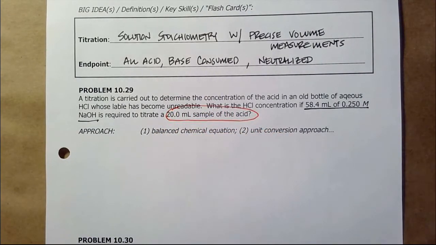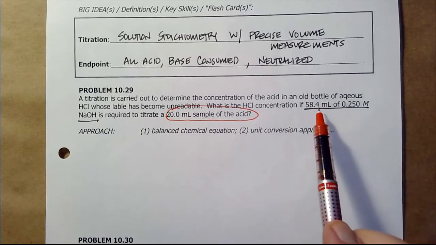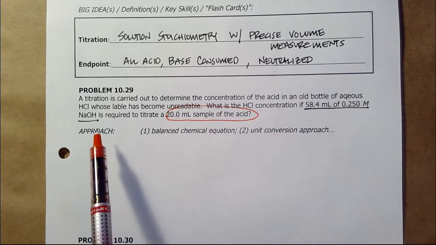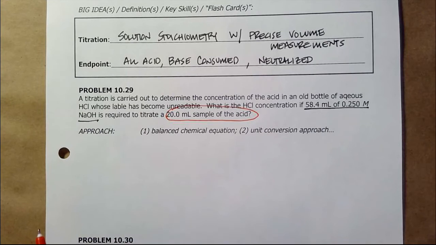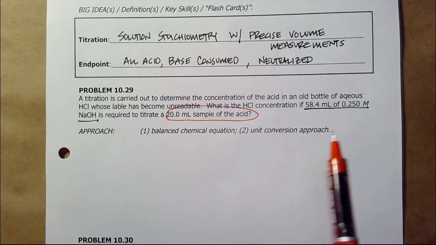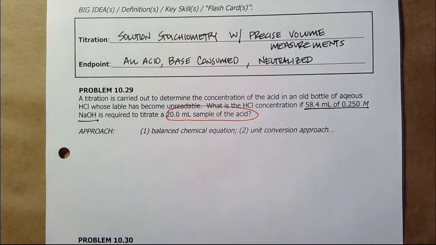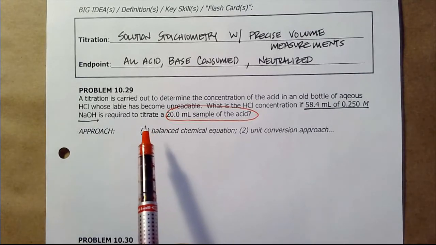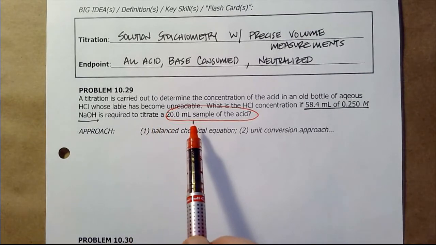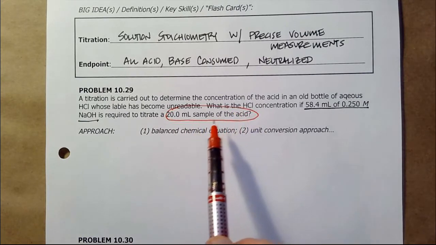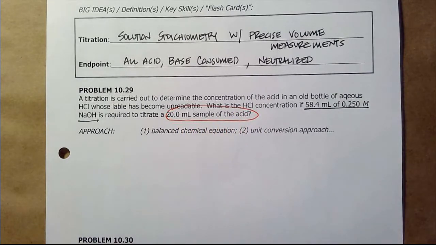So what I want to do is figure out the concentration of the acid from the volume of sodium hydroxide. Can I convert that into moles? If I know that and I know the mole ratio from the reaction, I can then convert that to moles of HCl. I've got the moles of HCl, the volume of HCl, and I can calculate molarity.